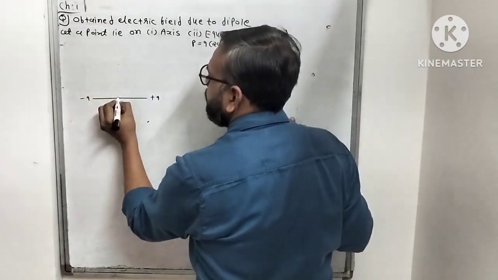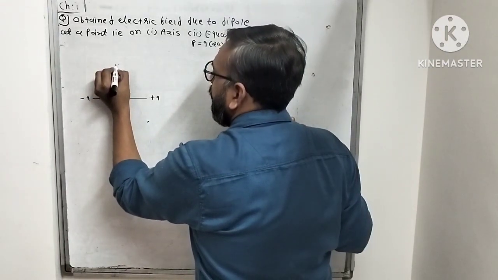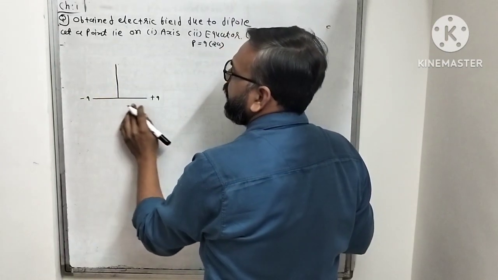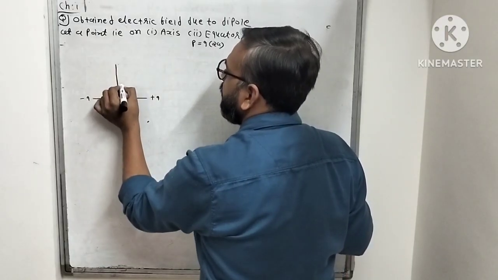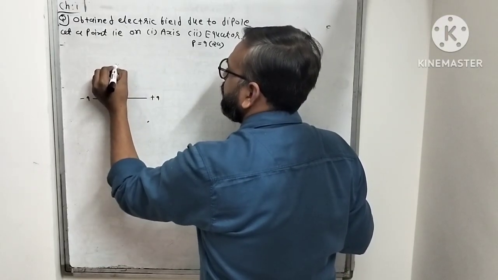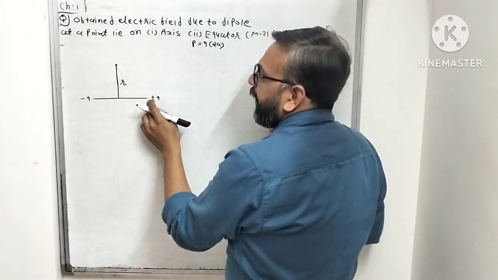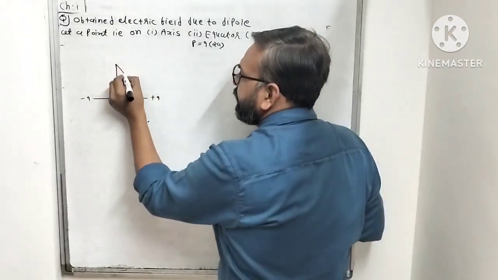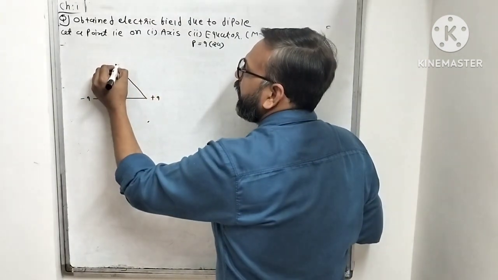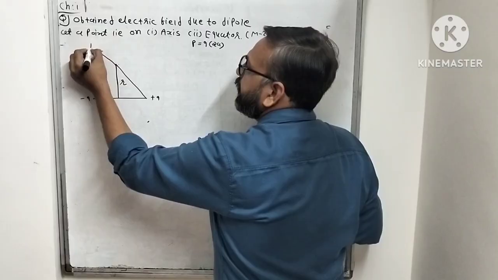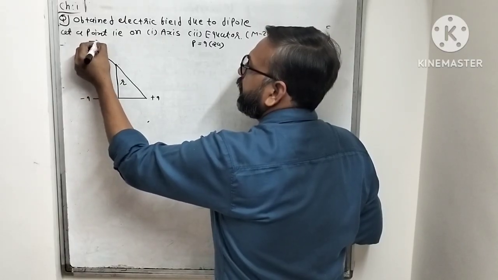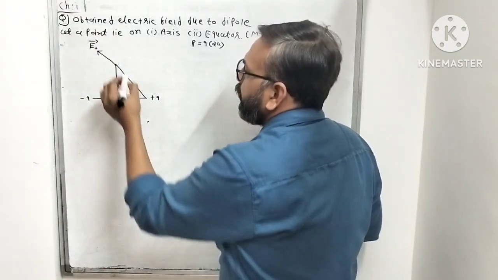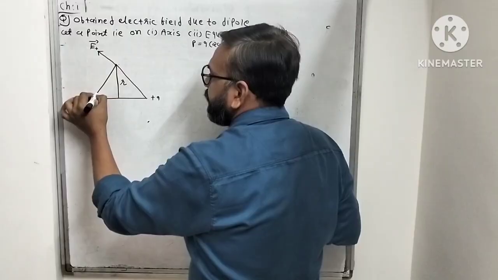The point lies on the bisector of the line joining the two charges at a distance r. Now the electric field due to the positive charge is outward, and the electric field due to the negative charge is inward.